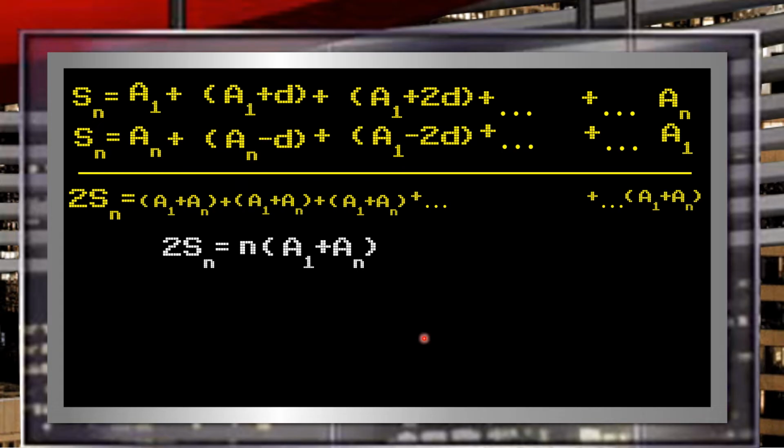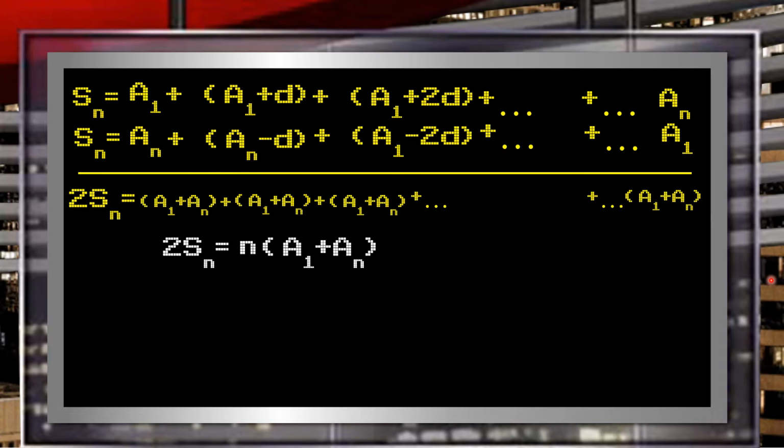Right. Earlier, we had 10 terms, so 10 times 71. So, in general form, n times a sub 1 plus a sub n. But there is still a 2 beside s sub n. So, how do we cancel it?